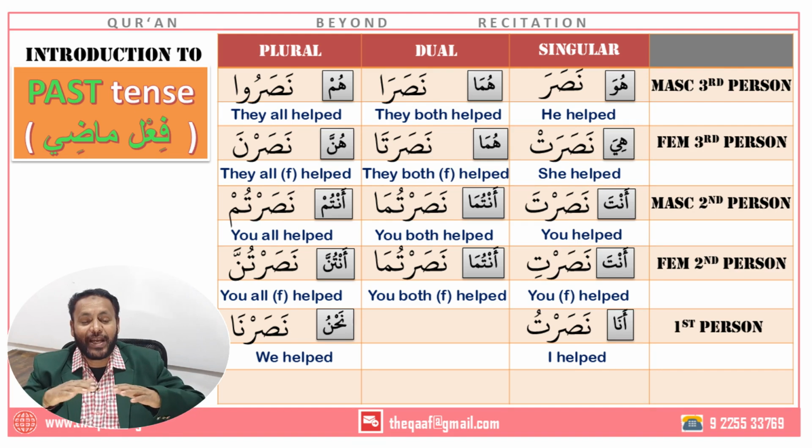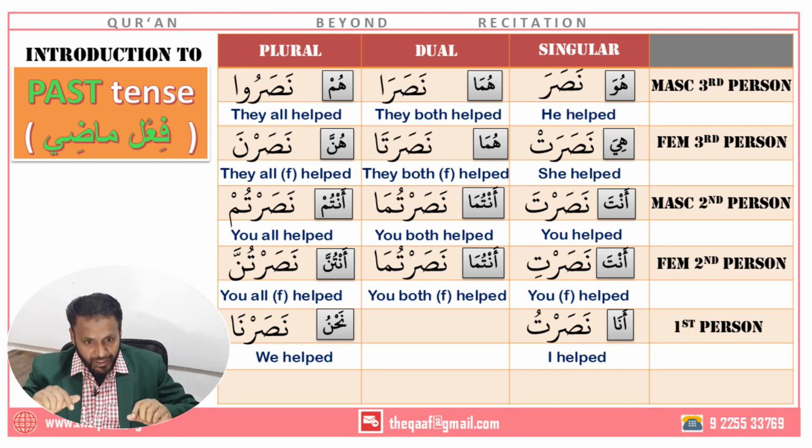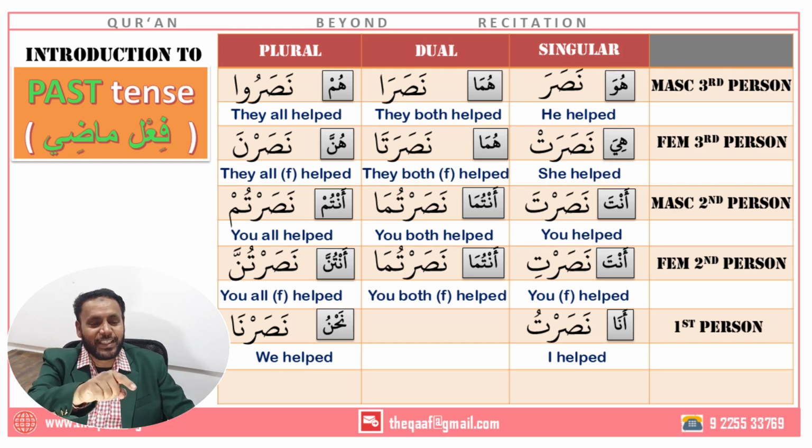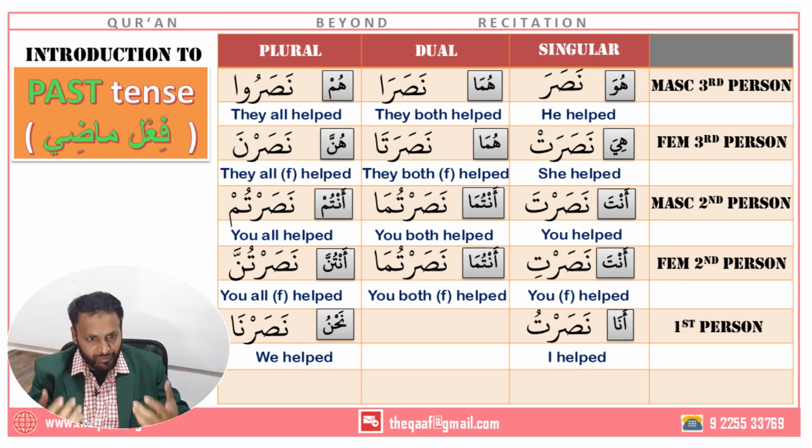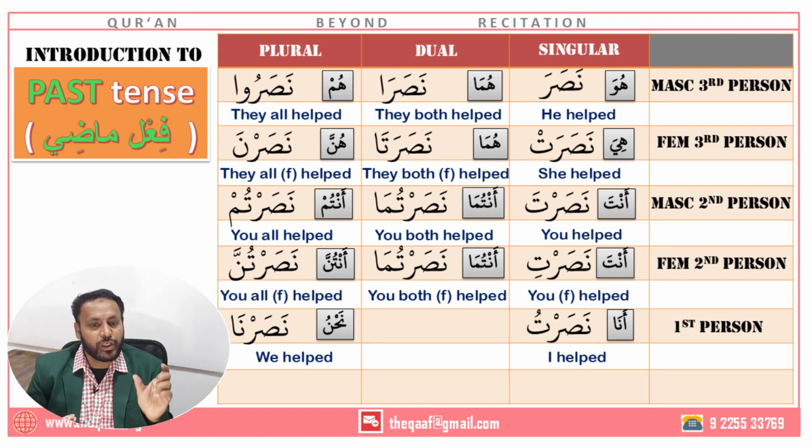You don't need to put any effort to recall it. You will automatically get it. But the condition is you should be able to guess this word or form this word. And if you use my hint that I told you, when the women gather together, they mute the last root letter and put a noon with a fatha on it. That's it. So the first 6 words are Nasara, Nasarat, Nasaru, Nasarat, Nasarata, Nasarna.